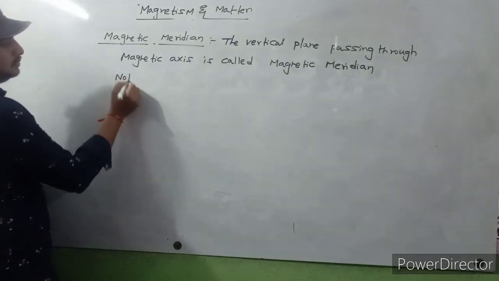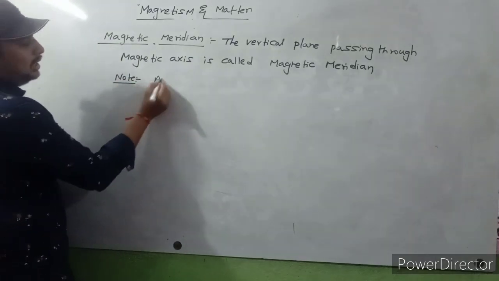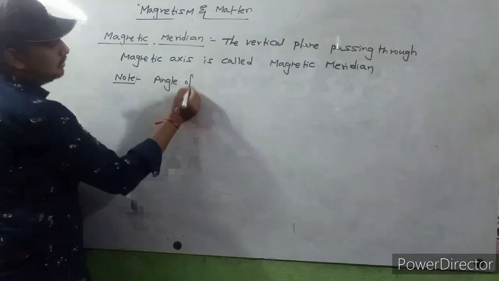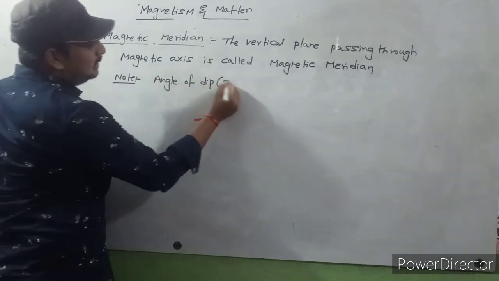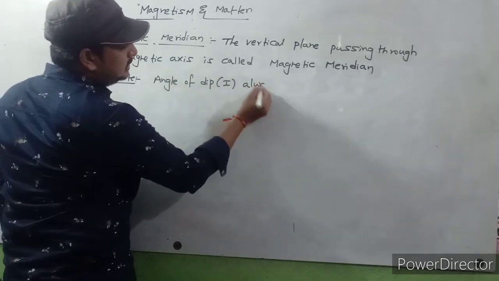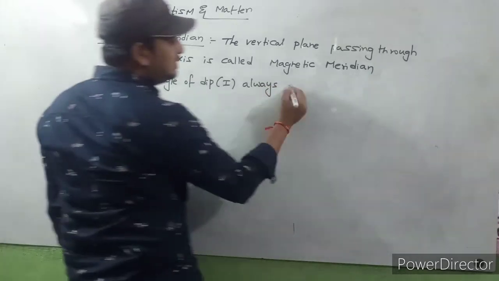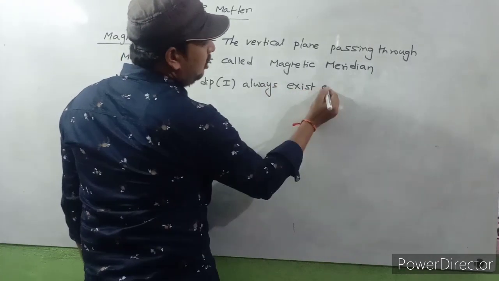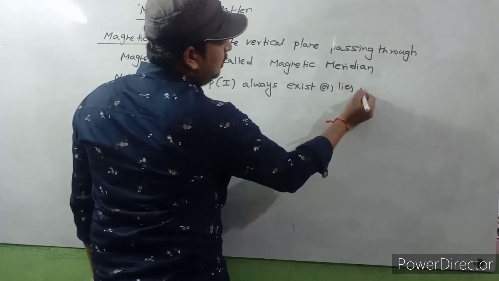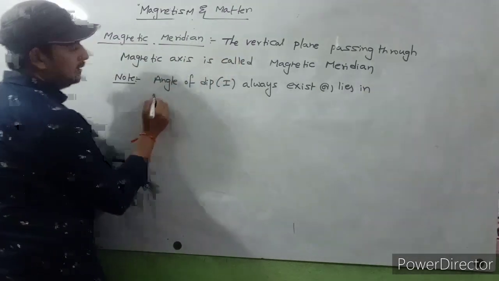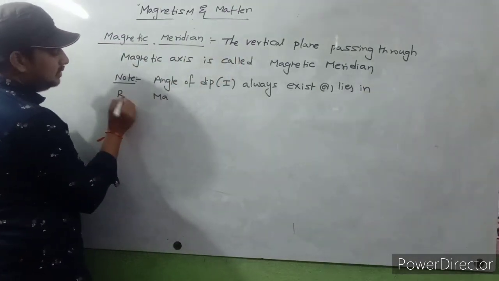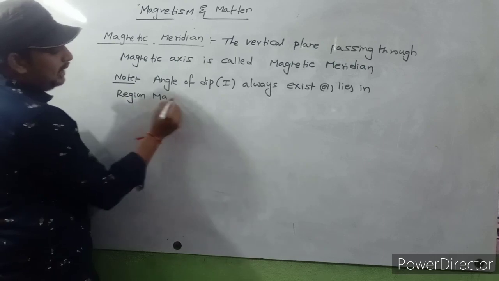Note, angle of dip I always exists or lies in the magnetic meridian region.